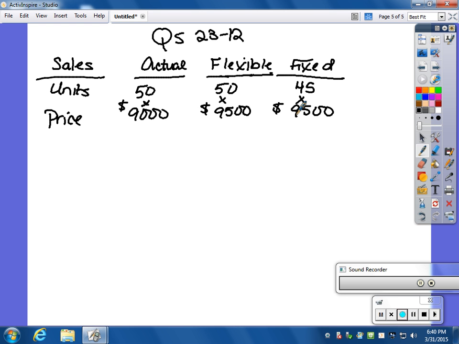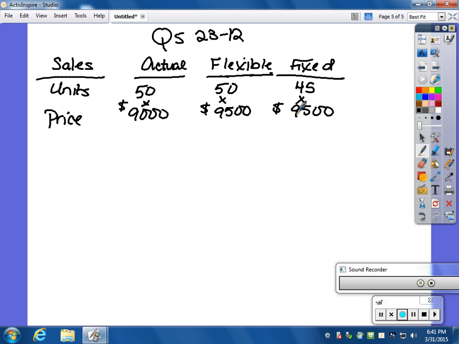So what we did was, if the actual were 50 trucks, that's what we put up there under actual. And for flexible or variable, why would you know to use 50 units? No, it wasn't budgeted for 50. Since 50 trucks were actually sold, we put that obviously under the actual.